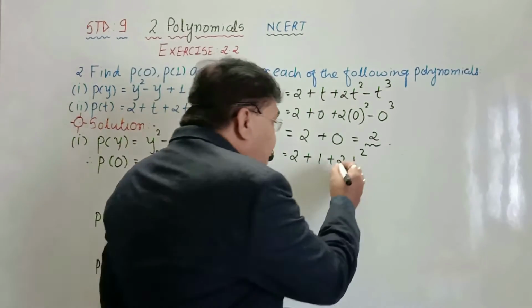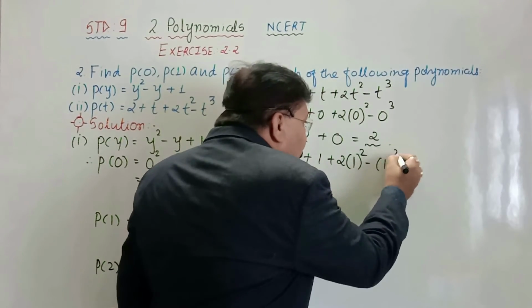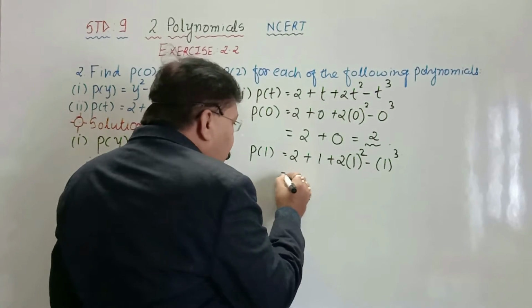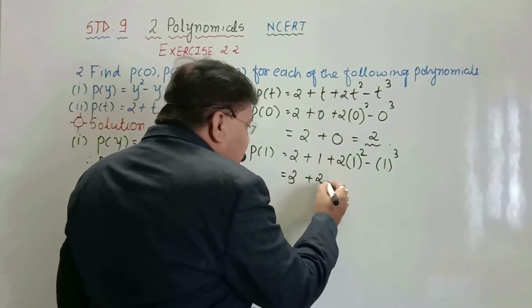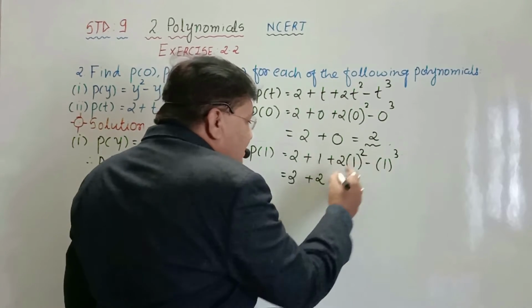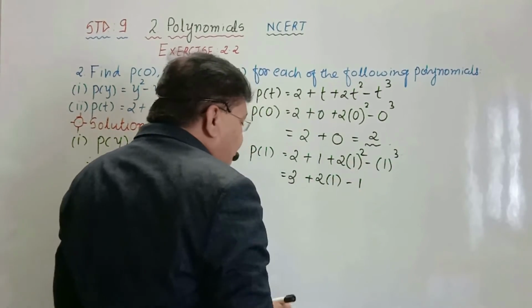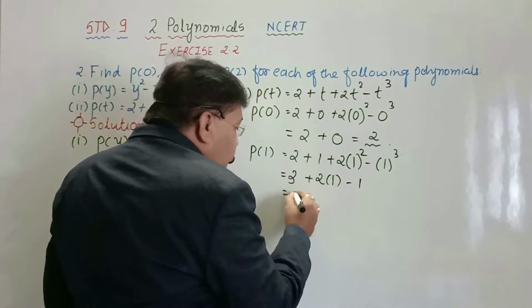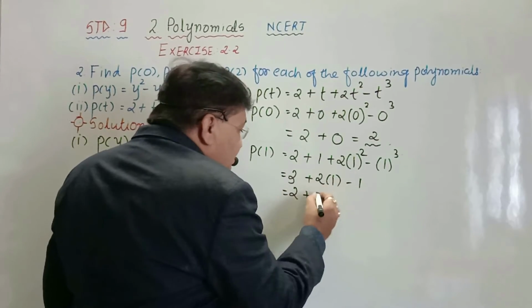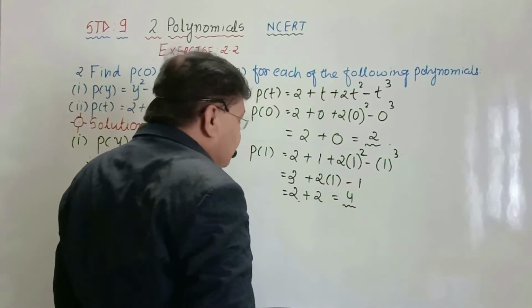So you have to put a bracket here, and here we write minus 1. So 2 plus 1 is equal to 3, plus 2 into 1 square is 2, and minus 1 cube is minus 1. So 3 minus 1 is 2, 2 plus 2, the answer will be 4, right?